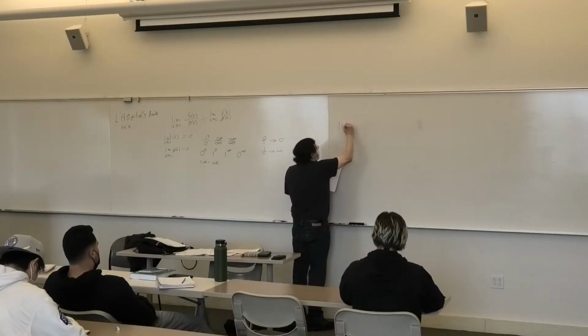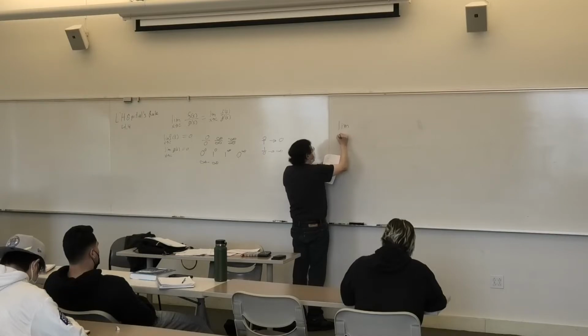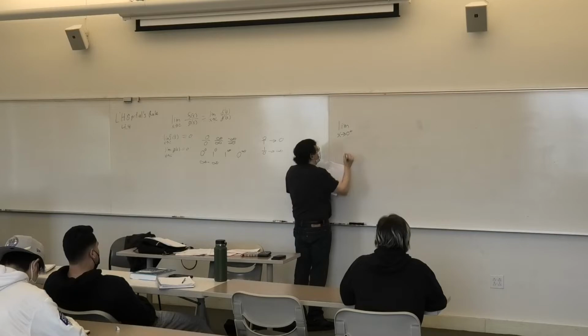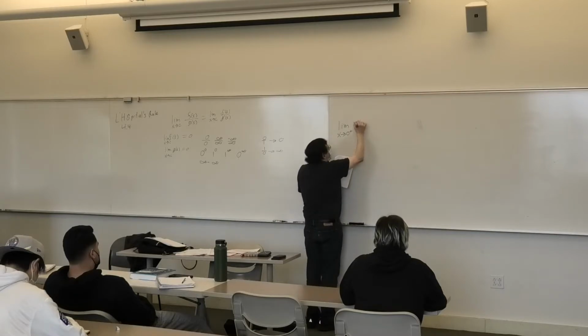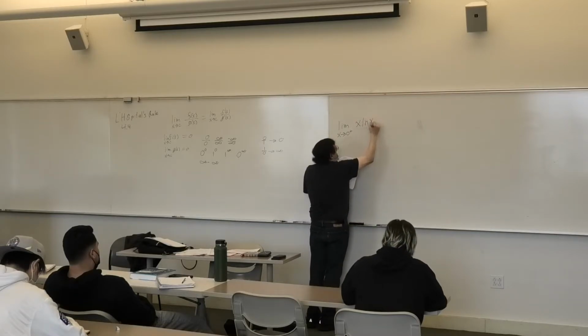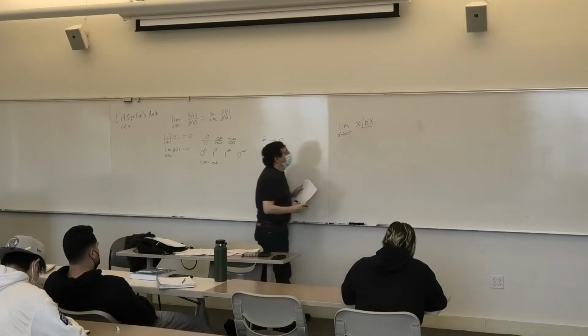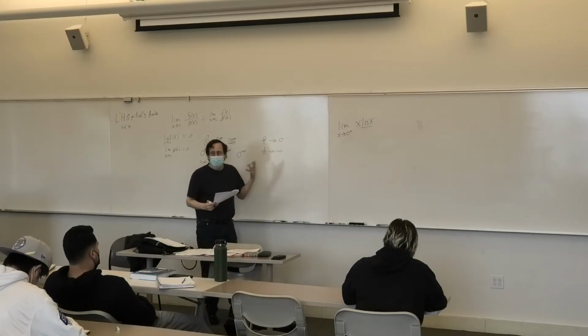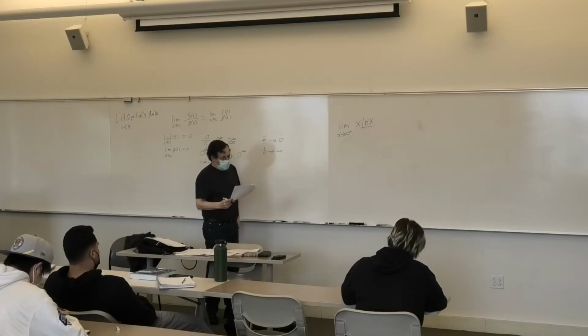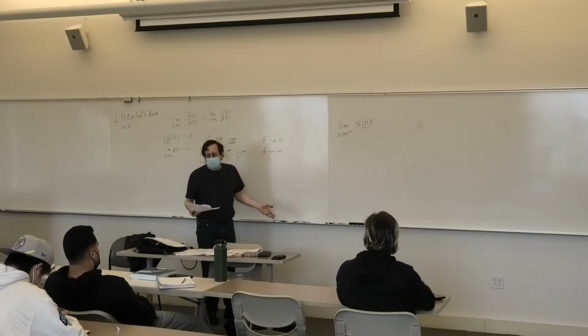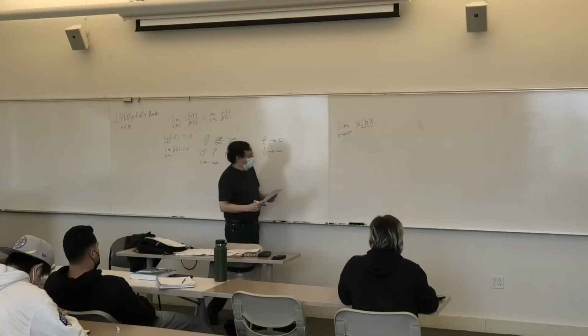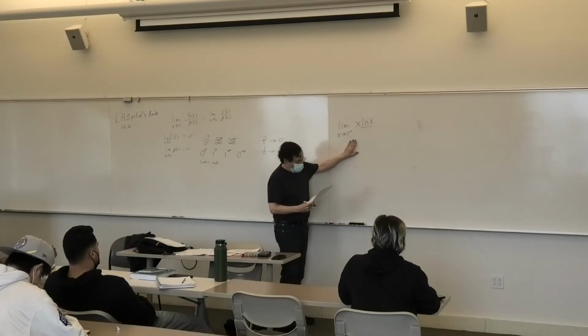Here we have the limit as x approaches 0, but from the positive side. That's because we have in this expression log of x, which is not defined for x less than 0. So the limit has to come in from the right.